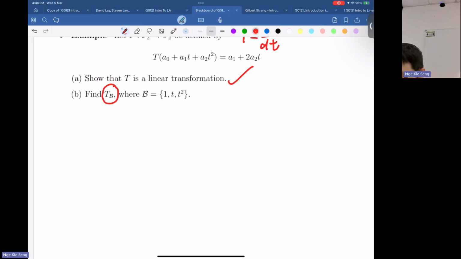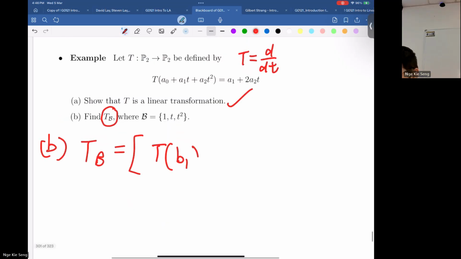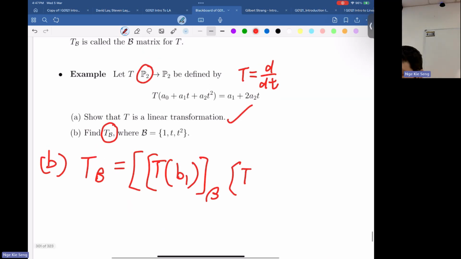So maybe I give you a hint. What's the formula we had just now? T_B should be equal to what? T applied on b1 written in the basis B, and so on. How many basis vectors here? You are in P2, right? What's the dimension of P2? Still remember? 3.